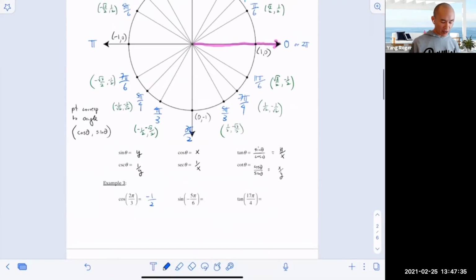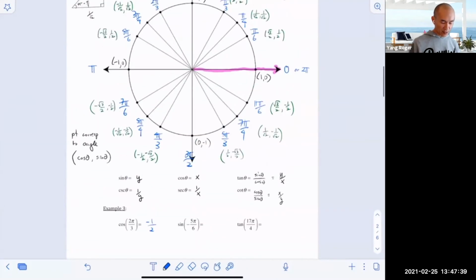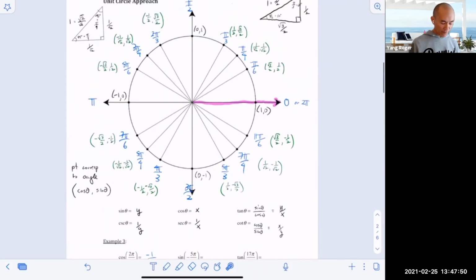If I want sine of negative 5 pi over 6, what does this negative do? This negative means that we're going to go in the opposite direction. So if you went 5 pi over 6, I don't know if you can follow this, I'm starting over here, right?